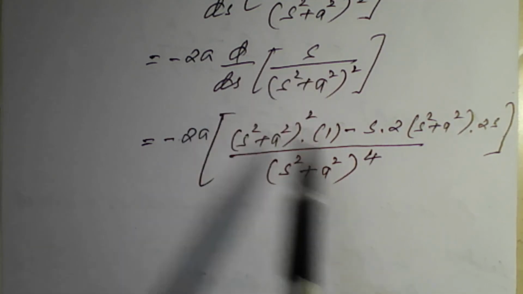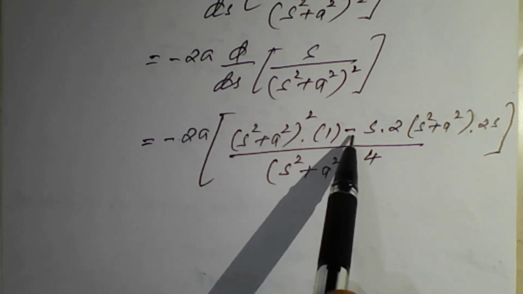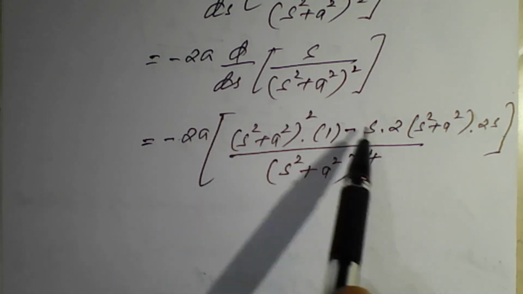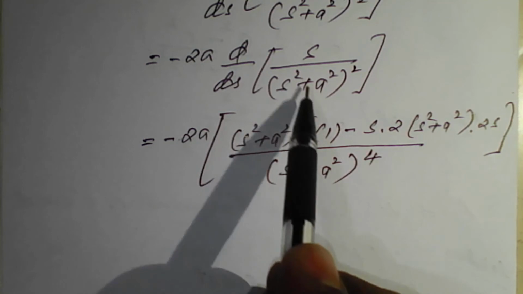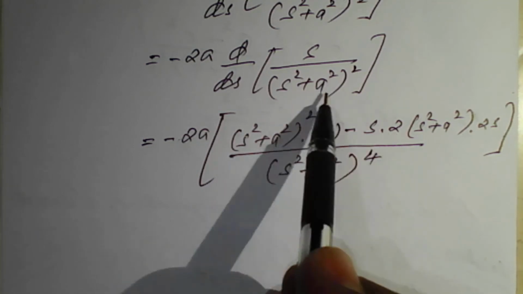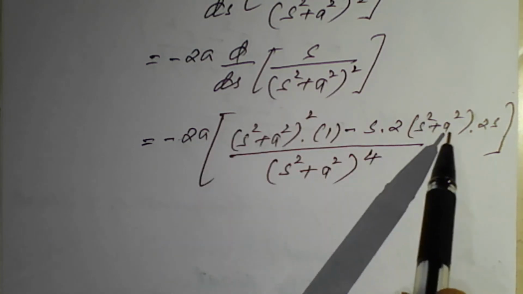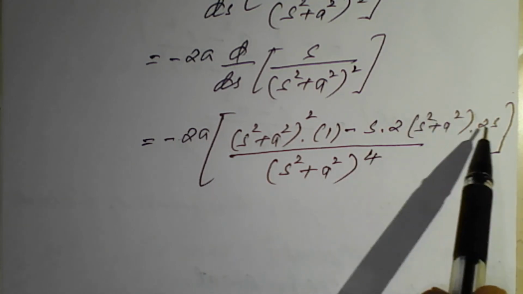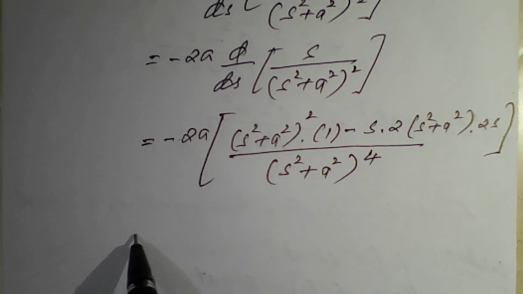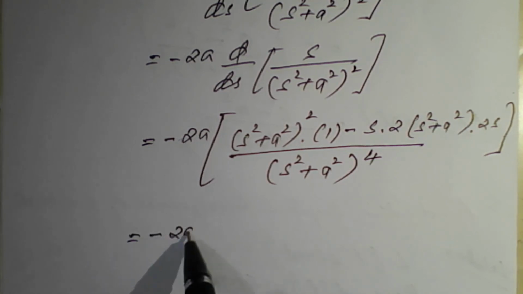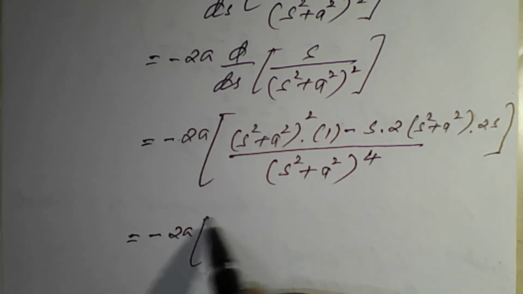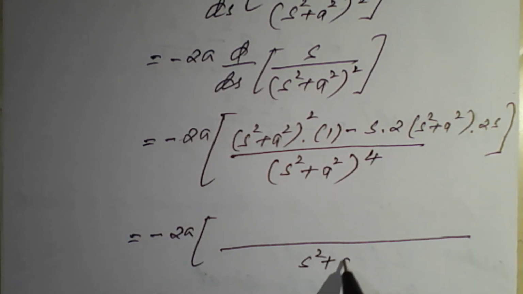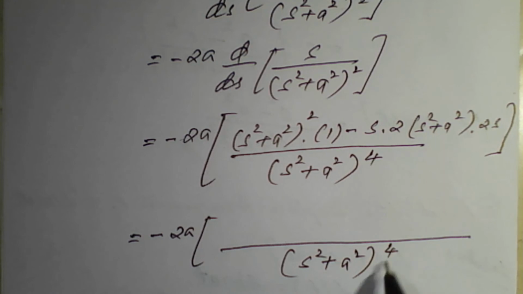Differentiation of s with respect to s is 1, formula minus, then this numerator will keep as it is, so s into differentiation of this s square plus a square whole square is 2 times this bracket, that is s square plus a square, and differentiation of this bracket, that is s square plus a square, is 2s. So therefore minus 2a, on simplification denominator will be as it is, s square plus a square raised to 4.